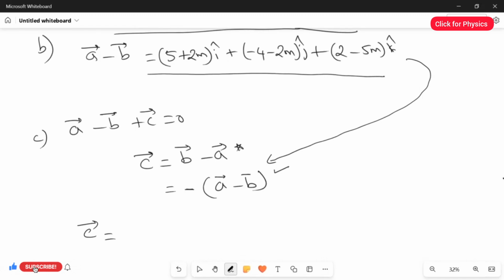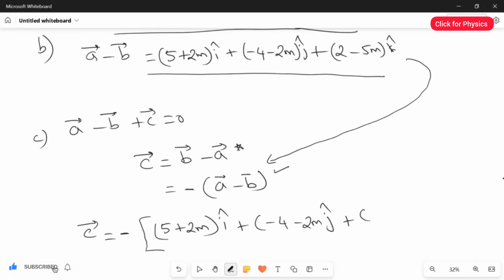C vector is equal to minus of, I'm going to write A vector minus B vector, which is 5 plus 2m i cap plus minus 4 minus 2m j cap plus 2 minus 5m k cap. So this is our equation for A vector minus B vector, right?